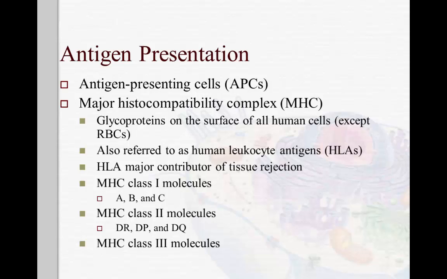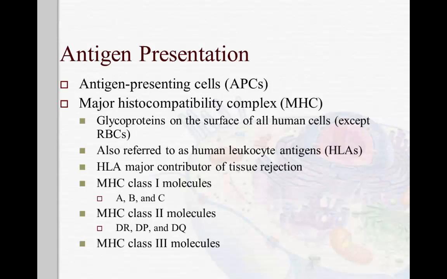These are T cell dependent acquired immune system responses that typically require an antigen presenting cell to present that antigen peptide within a major histocompatibility complex. So what is the histocompatibility complex? It's a group of glycoproteins that are present on the surface of the human cell except the RBC.